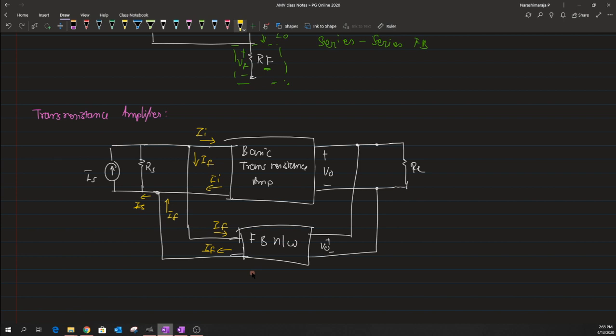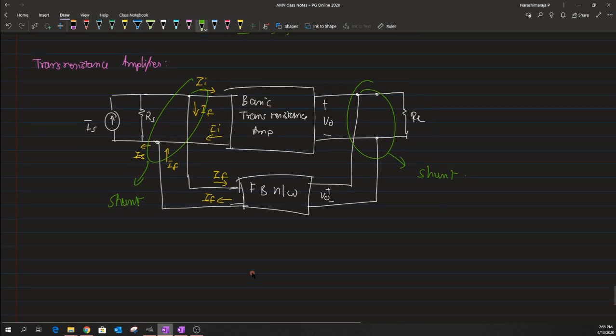Now the type of connection that we have across the input is basically a shunt, and the type of connection that we again have across the output is basically a shunt. So we have a shunt feedback network in this configuration.